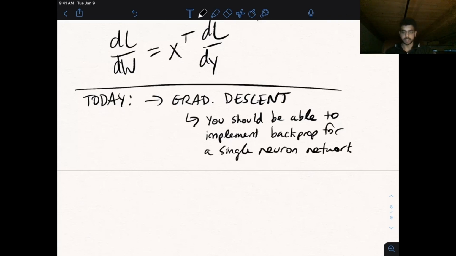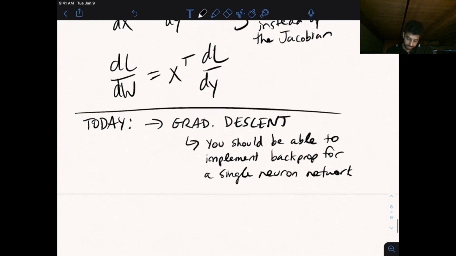So this is all scalars, and you should be able to understand generally what's going on in the matrix vector setting, especially this concept of batches. We're not going to actually test you on whether you can derive these gradients in the matrix vector setting, but it's an important concept. This is what's happening in the background, right?